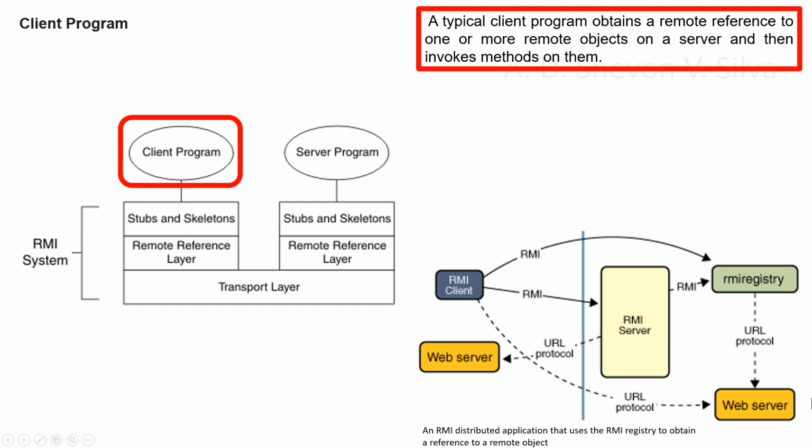For example, an application can register its remote objects with RMI's simple naming facility, the RMI registry. Alternatively, an application can pass and return remote object references as a part of remote invocations.